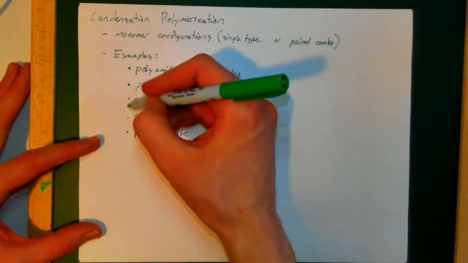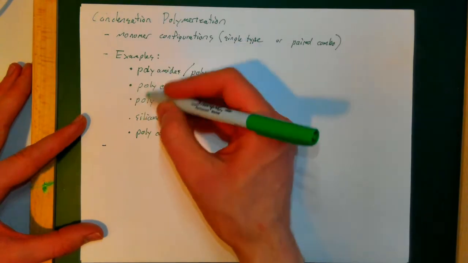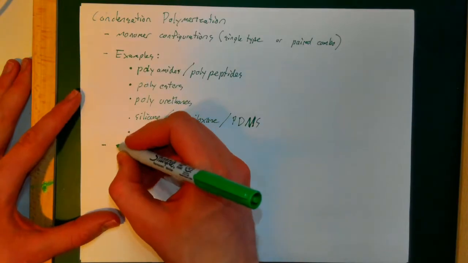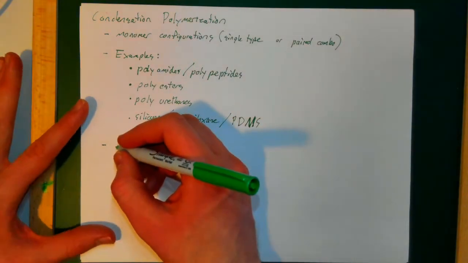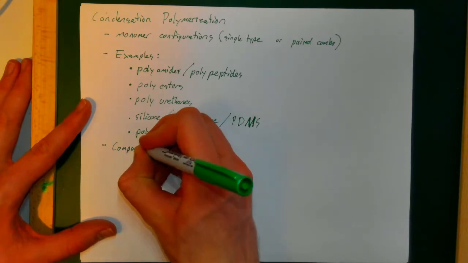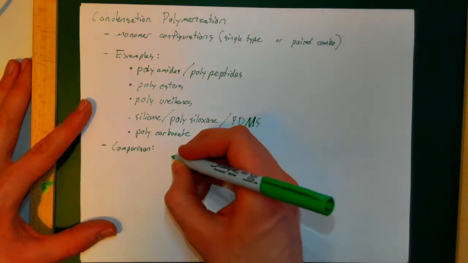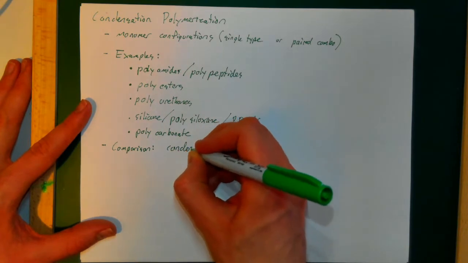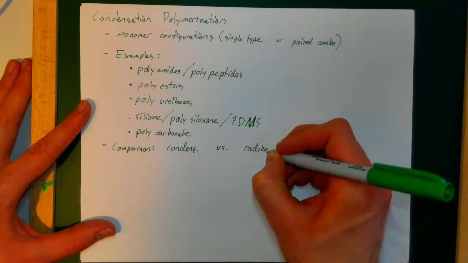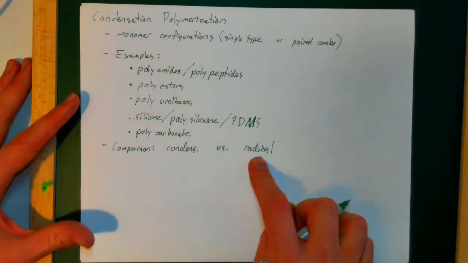Then, once we've talked about a few examples of polymers that are formed via condensation reactions, we'll do a bit more of a comparison between condensation and radical polymerization. Radical is what we talked about in the previous lecture.